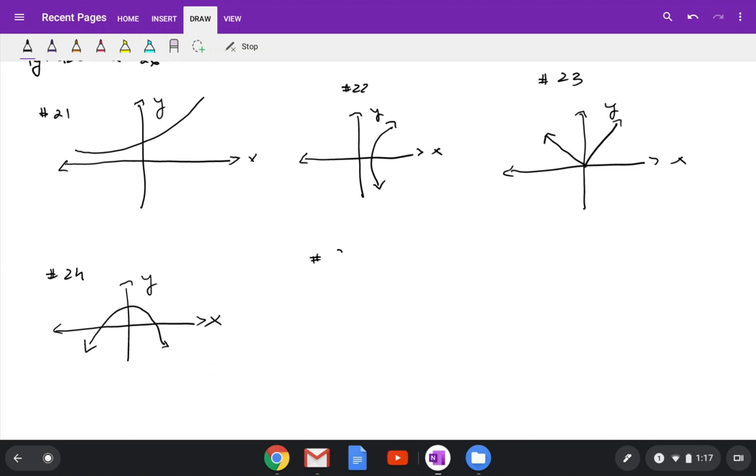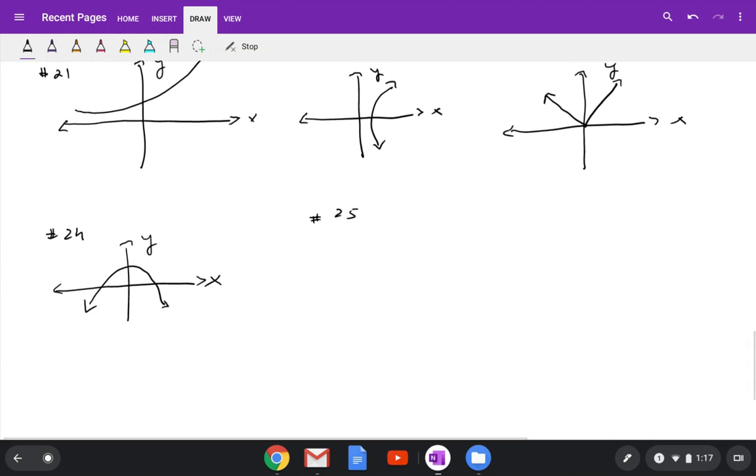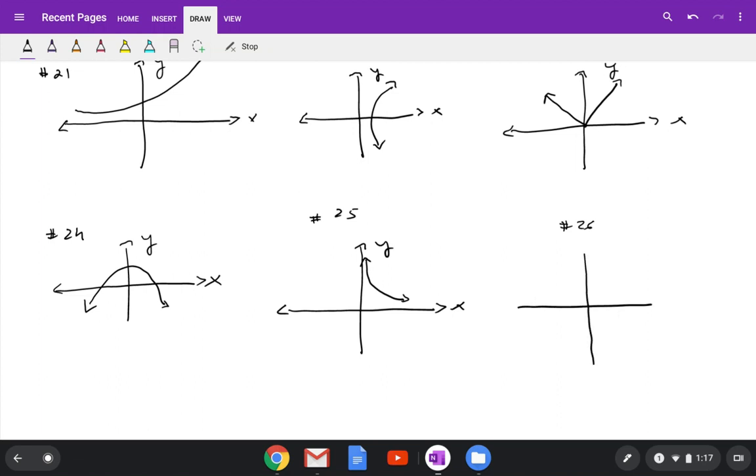Twenty-five, and 26. 26, they give you a horizontal line.